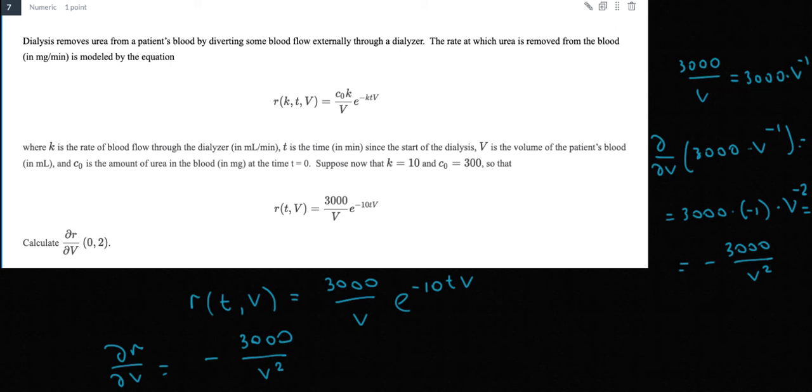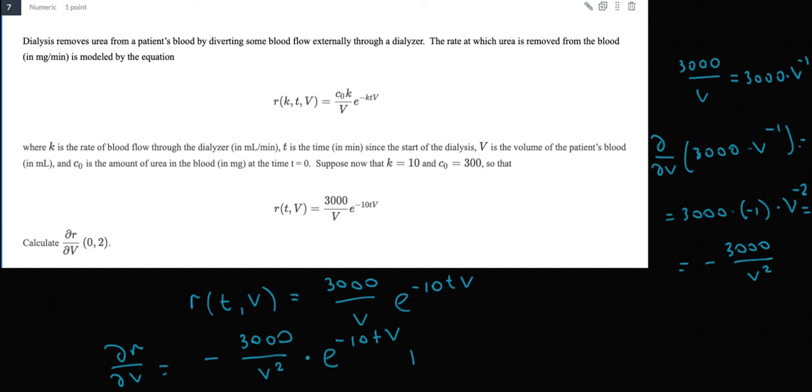Okay, so going back to the calculation of the partial derivative of R with respect to V, I calculated here the derivative of the first factor. Now this derivative will have to be multiplied by the exponential factor, the second factor.